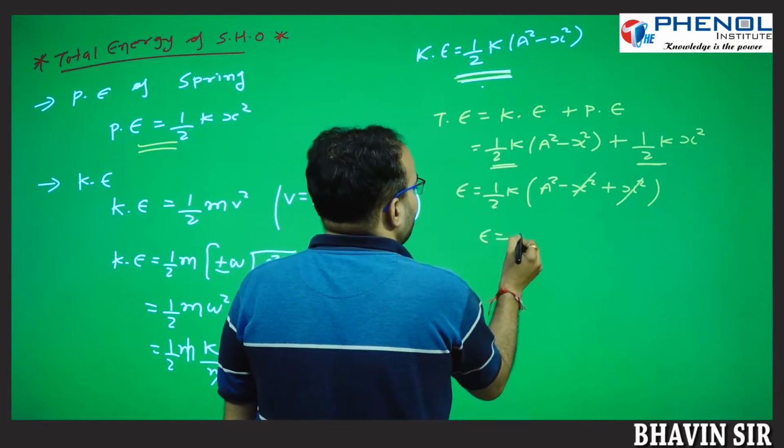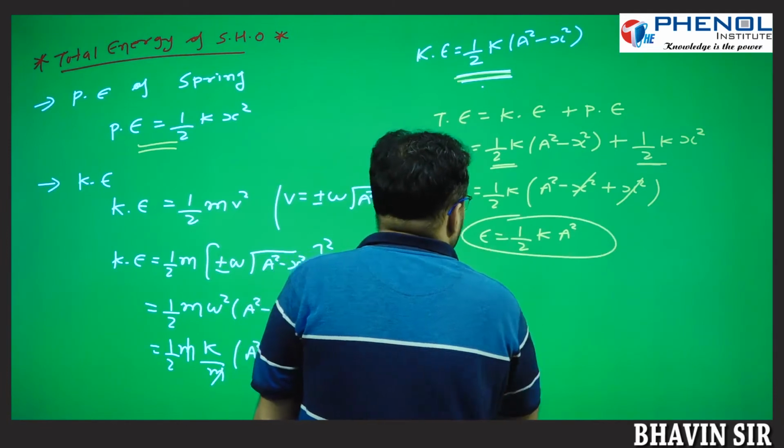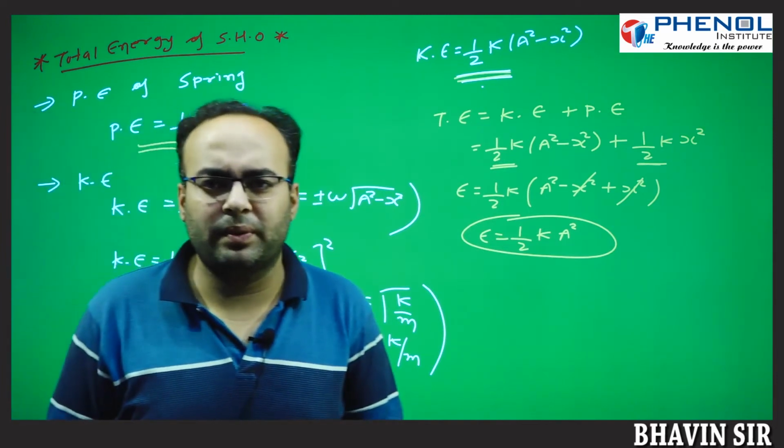So the total energy is half k a square. Potential energy is half k x square, kinetic energy is half k in bracket a square minus x square, and the total is half k a square.